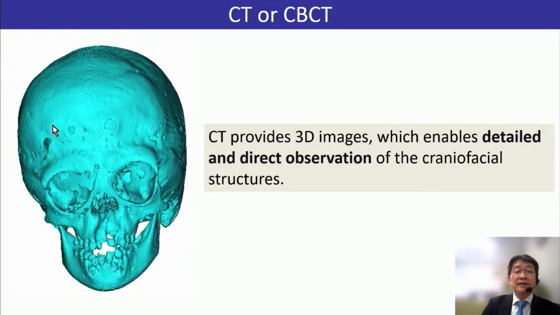On the other hand, CT or cone beam CT is now available. CT provides a three-dimensional image of the craniofacial structures with high resolution, which enables detailed and direct observation of the craniofacial structures.